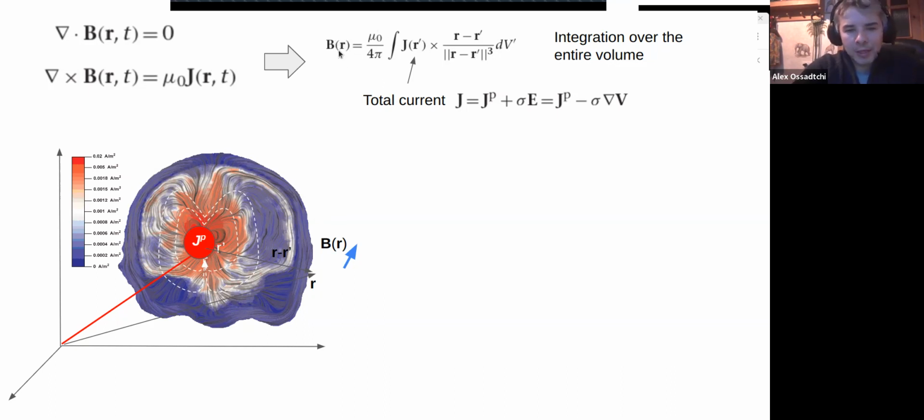It tells you that the magnetic field at location R, which is due to the currents floating in the media, is basically a summation of these terms, which is a vector product between the elementary currents at location R prime and this guy, which measures the direction towards the point where you are measuring your field, which is R, and where the elementary current source is.